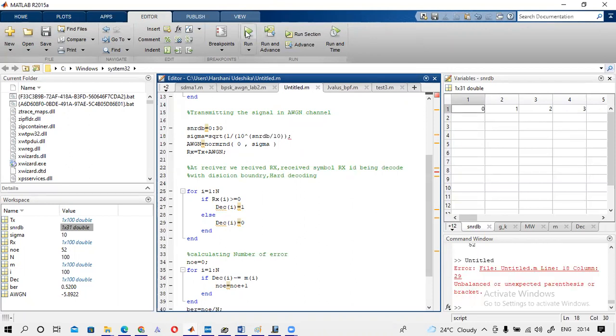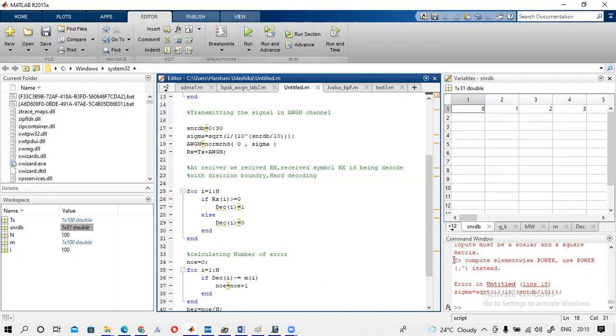So if I run this, we have to put another bracket here. Now I think it is okay.